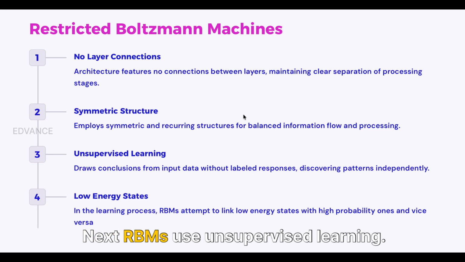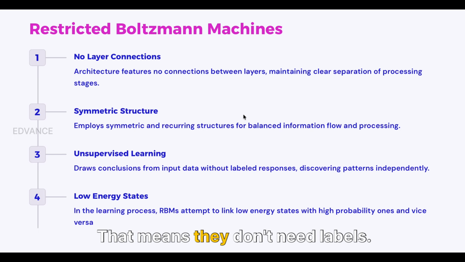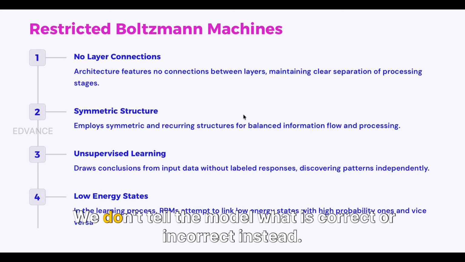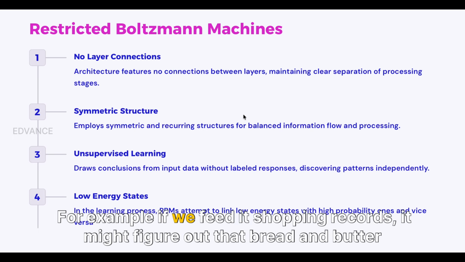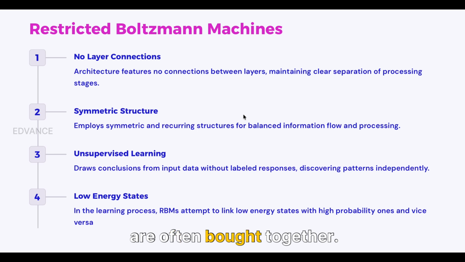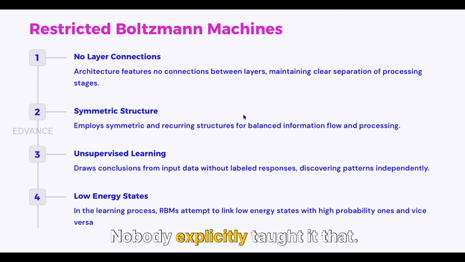Next, RBMs use unsupervised learning. That means they don't need labels. We don't tell the model what is correct or incorrect. Instead, it looks at the data and discovers patterns on its own. For example, if we feed it shopping records, it might figure out that bread and butter are often bought together. Nobody explicitly taught it that.